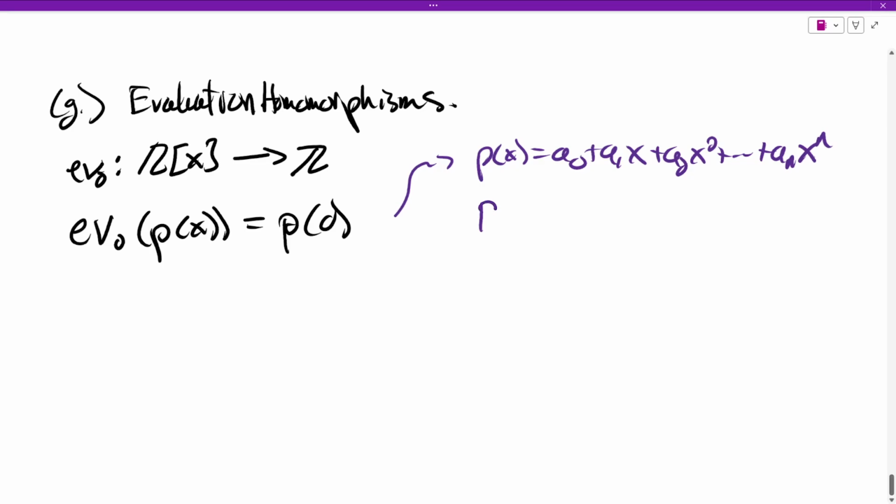And if we plug in 0 into it, what happens? Well, when we plug in 0, all of these terms go away, and we're left with just whatever the constant term is, because all the x's have to disappear. So another way of describing this function, with words, is the extract the constant term function.